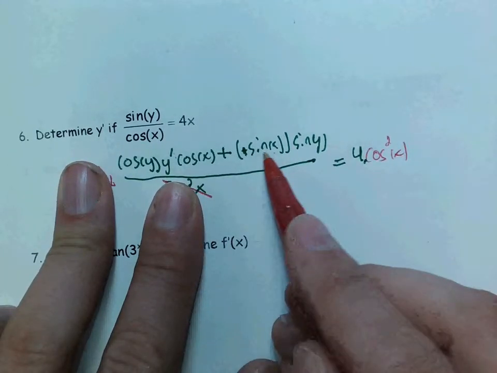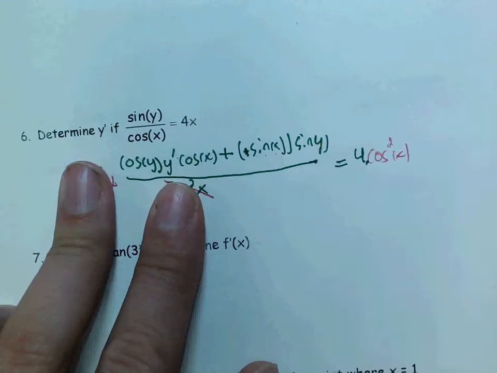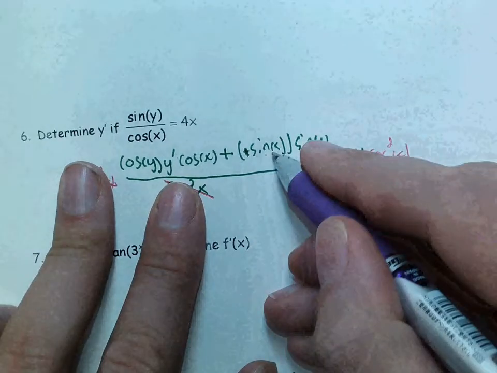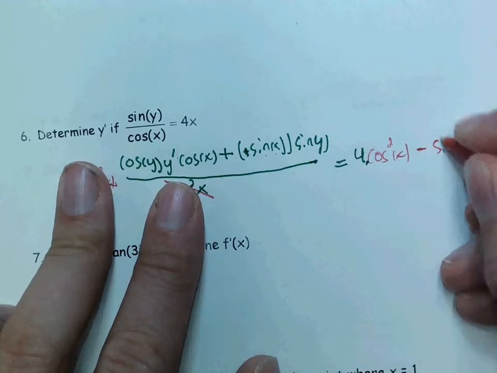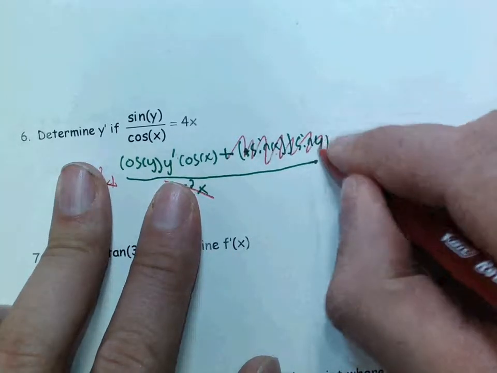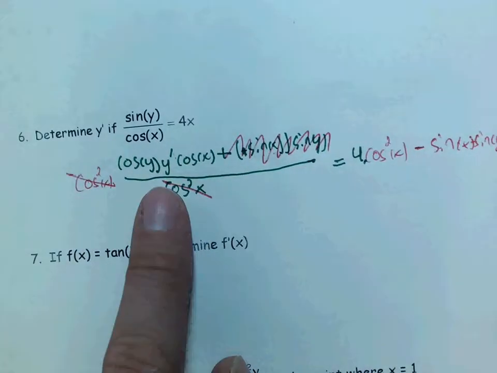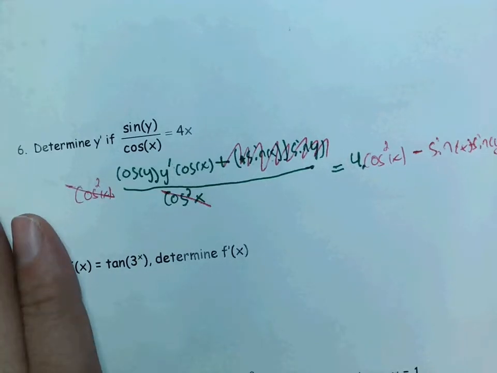So we want to get the y prime by itself, so we want to move this to the other side. Notice that these cannot be combined because one is sine of x, one is sine of y. So this is being added, so we need to subtract it. So we're going to do minus sine of x, sine of y. And lastly, we need to divide by everything that isn't y prime.